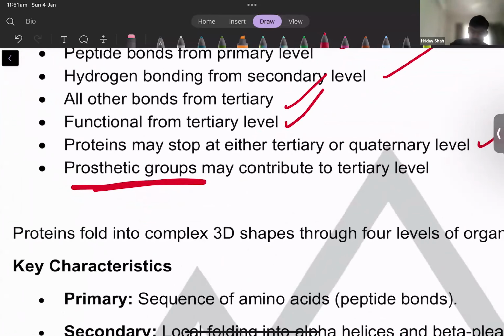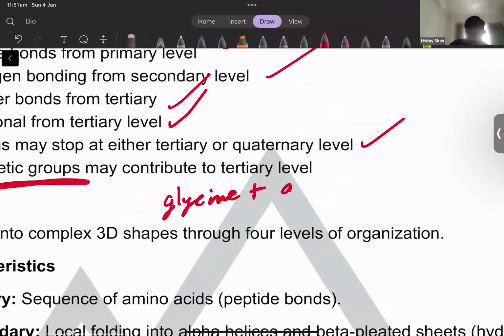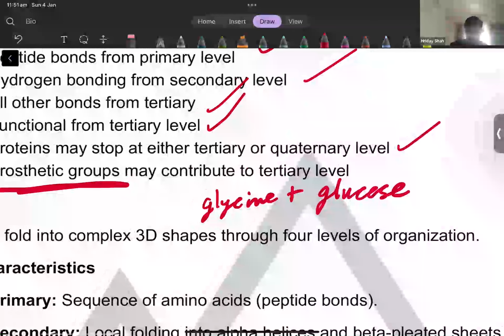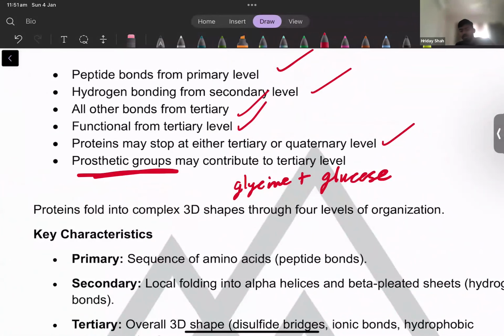So it might be, say, the amino acid glycine combined with glucose. It's not even necessary for it to have a sequence of amino acids. It might even just be one amino acid and then carbohydrate, carbohydrate, lipid, lipid. So it's combining some of the other biomacromolecules together.